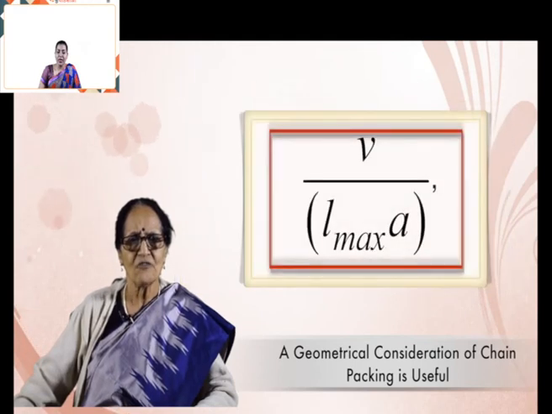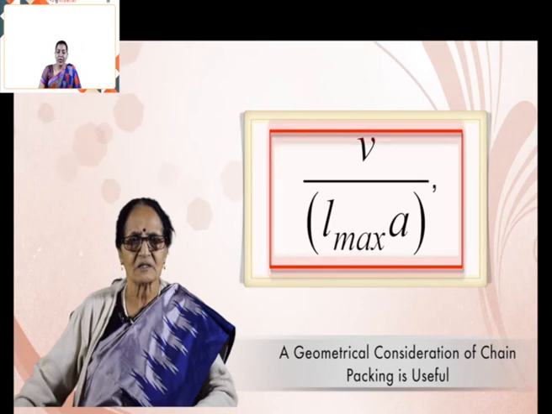The ratio V upon l max a, which gives a geometric characterization of a surfactant molecule, will be seen to be very useful when discussing the type of structure formed by a given amphiphile. This is denoted as the critical packing parameter, also called the surfactant number, and noted as CPP.